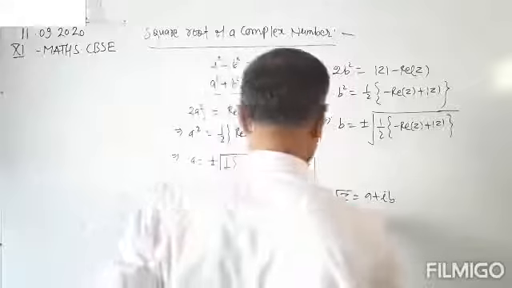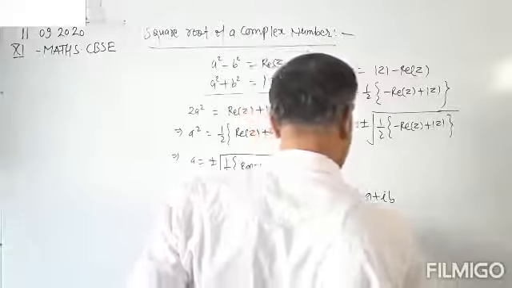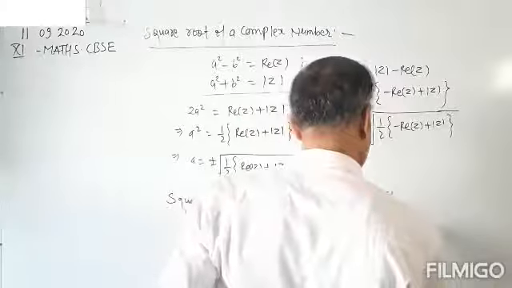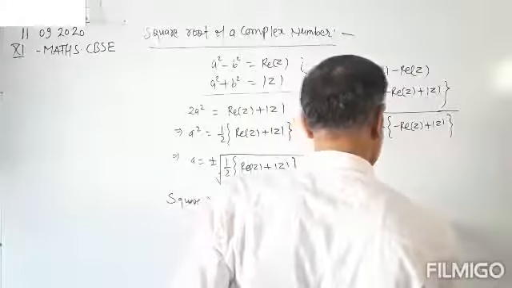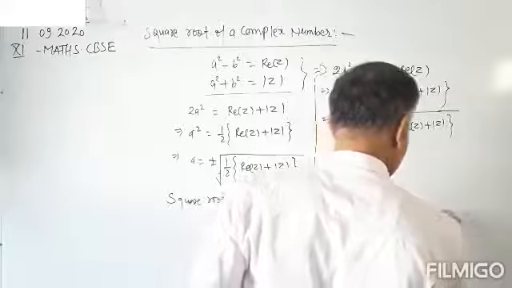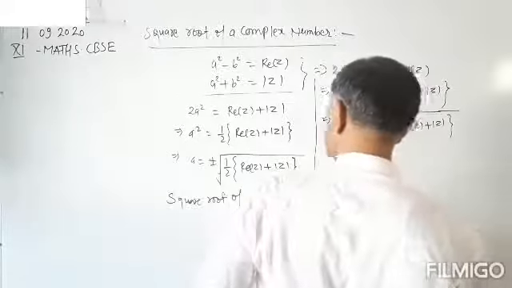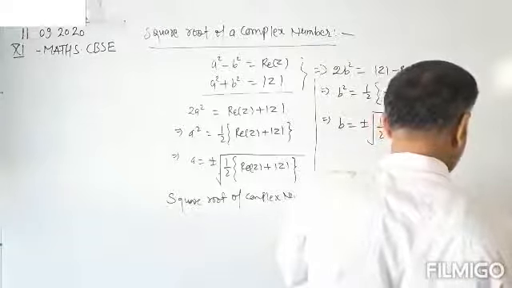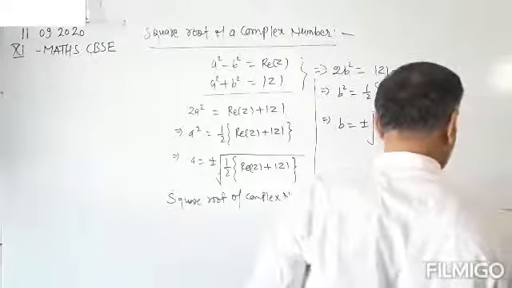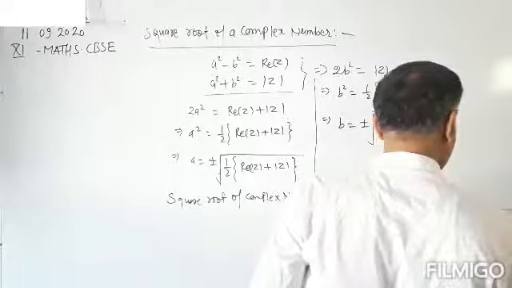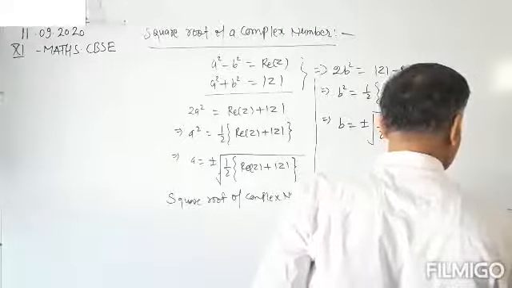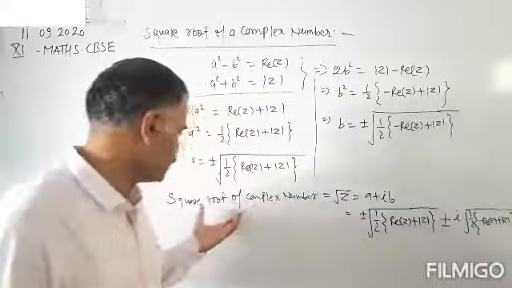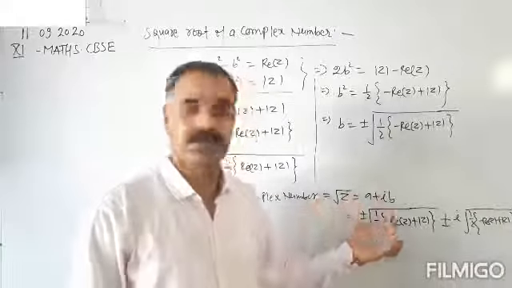Putting a and b: plus minus under root half of real part of z plus magnitude of z, plus iota times plus minus under root half of minus real part of z plus magnitude of z. This is the square root of a complex number.